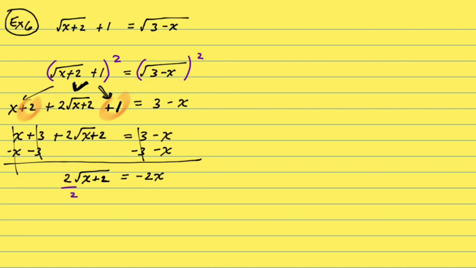Opposite of multiplying by 2 would be to divide by 2. And I already know, what do I have here? No, I guess this is right. Is that negative x? Is that correct? Those 2's cancel. Now, I have my radical isolated.